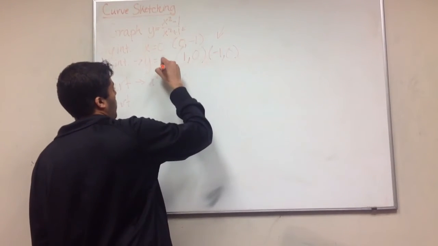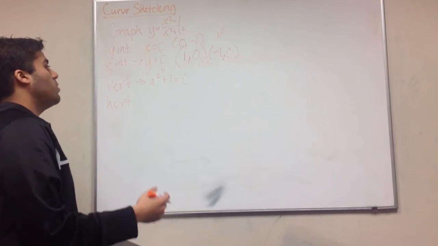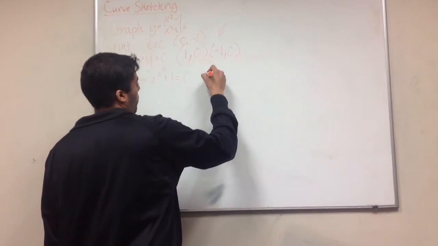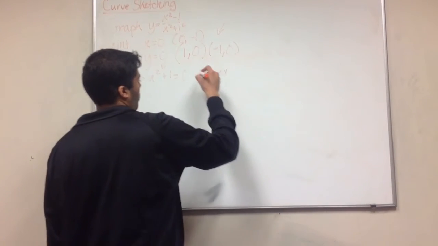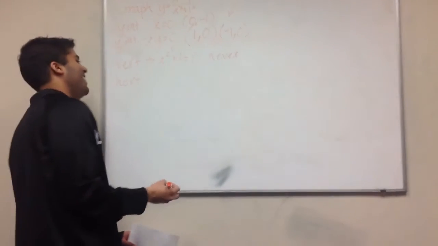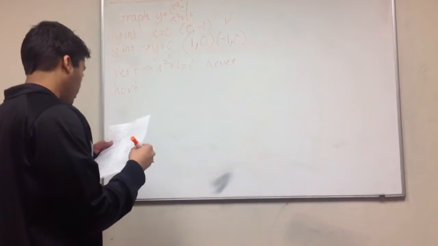Now we look at this x squared here, and anything we plug in for x is always going to be positive. So this will never be true. So we don't have a vertical asymptote.